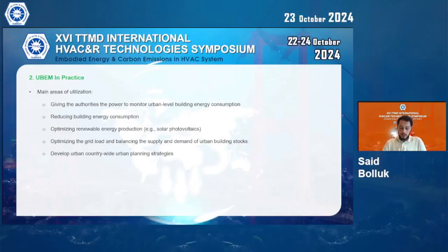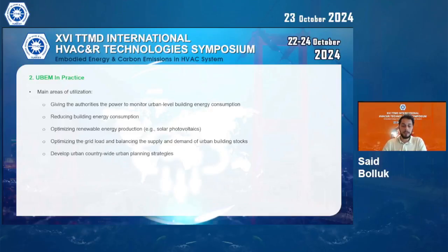Okay, so I want to talk about the practical utilization of UBEM in sustainable urban planning. One crucial application of UBEM is supporting urban planners and authorities to monitor and manage urban building energy consumption.